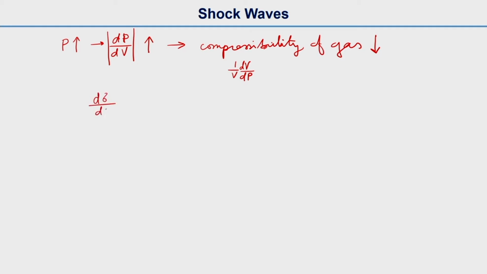Earlier we found that the disturbance velocity is the square root of d sigma d epsilon by rho. We can call it the velocity of disturbance.